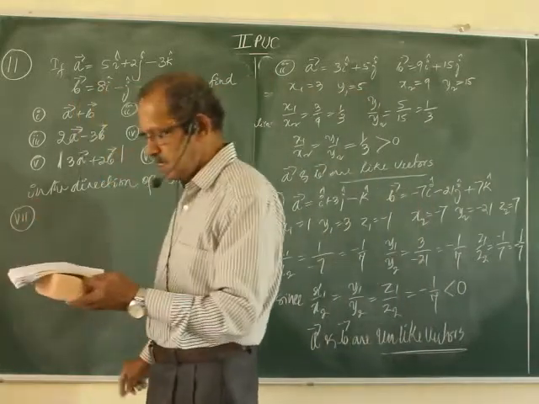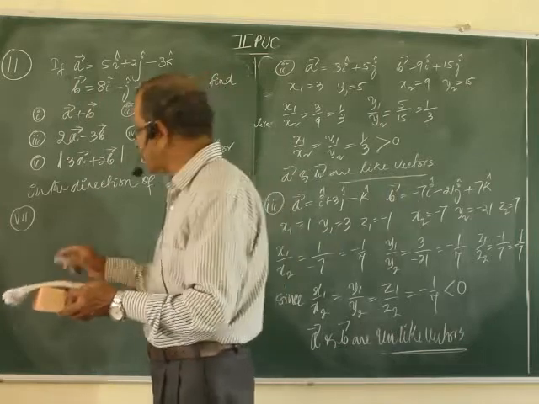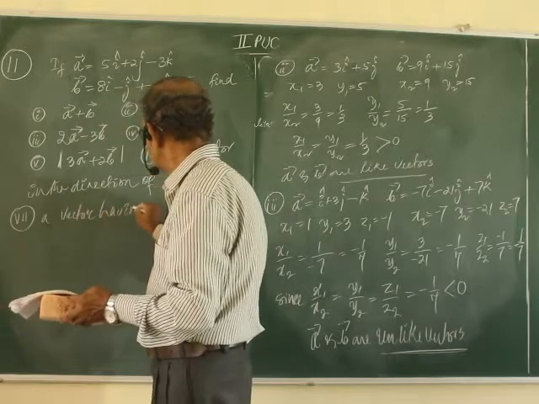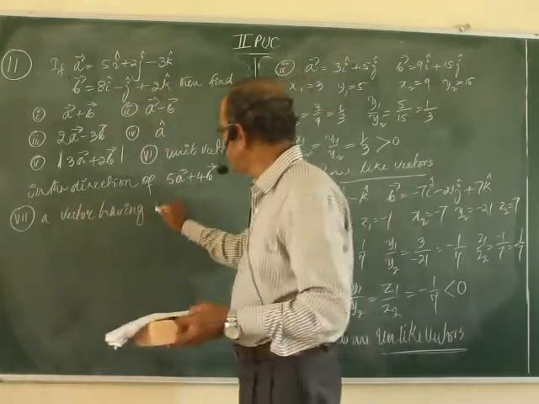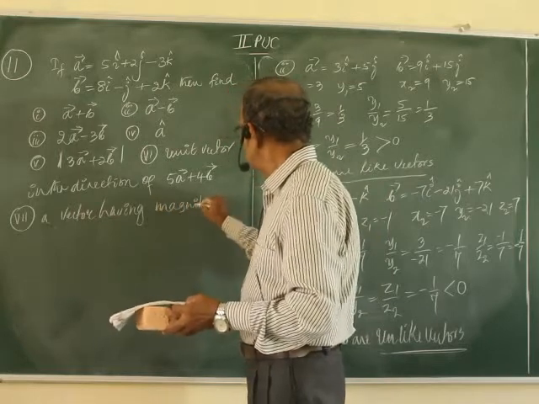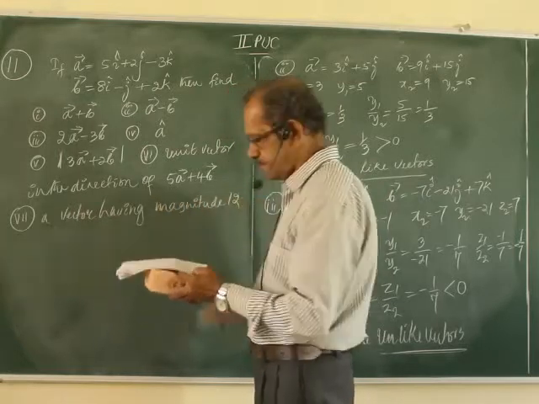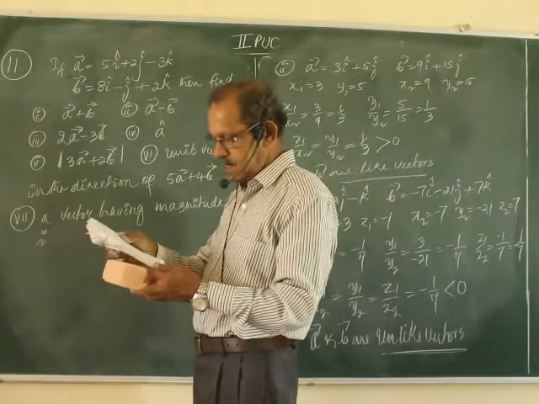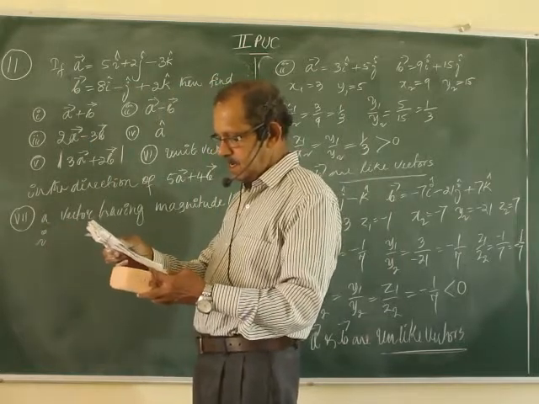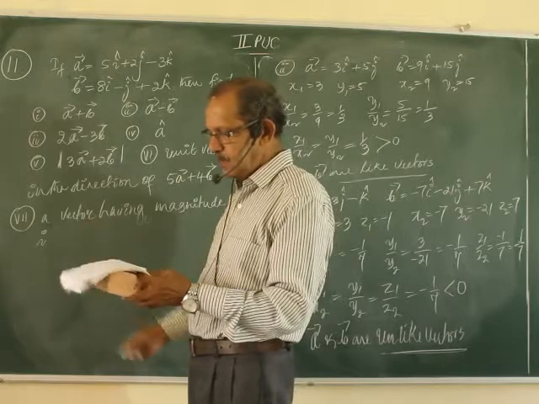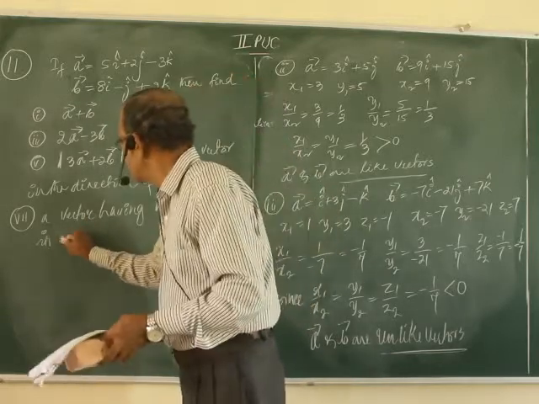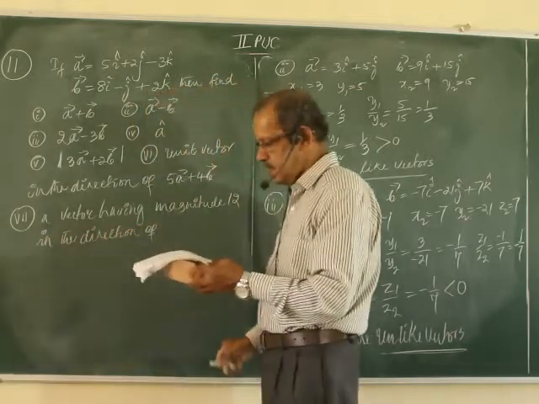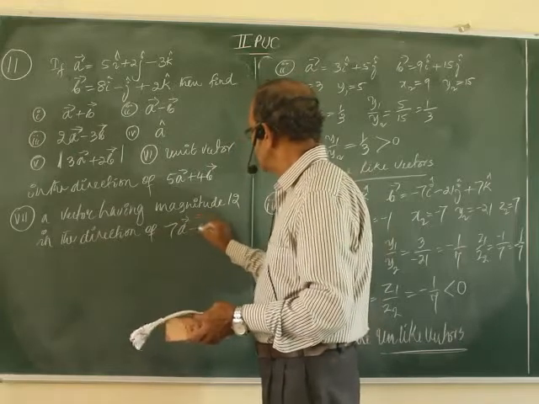Seventh one, find a vector having magnitude 12 in the direction of 7a minus b. Careful.